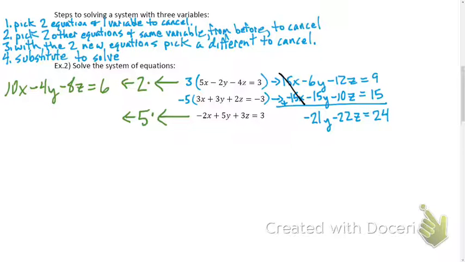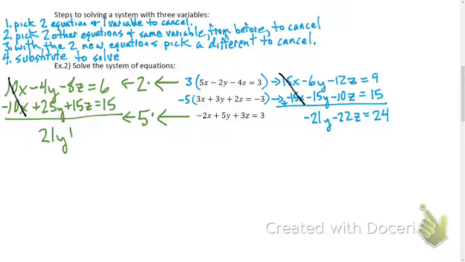For that last equation, I get negative 10x, 25y, and 15z equals 15. So let's combine those two equations. The x's cancel out. That was the goal. I get 21y plus 7z equals 21.